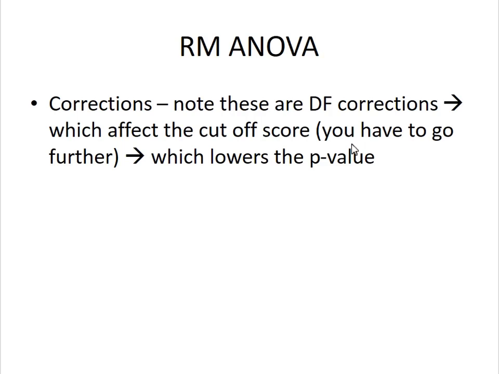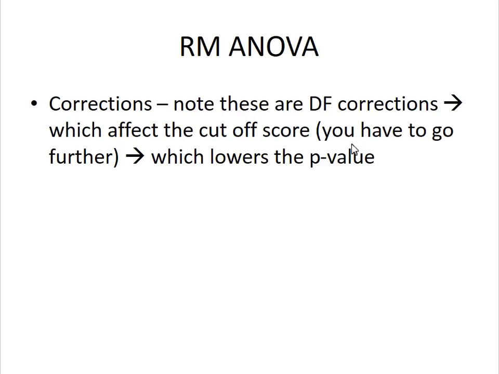So if I have 30 degrees of freedom and it says you shouldn't have that many because this is really a mess for sphericity, it subtracts some of my degrees of freedom. The smaller the degrees of freedom, the further out you have to go. So remember our little Mystery Machine has to cross the finish line.